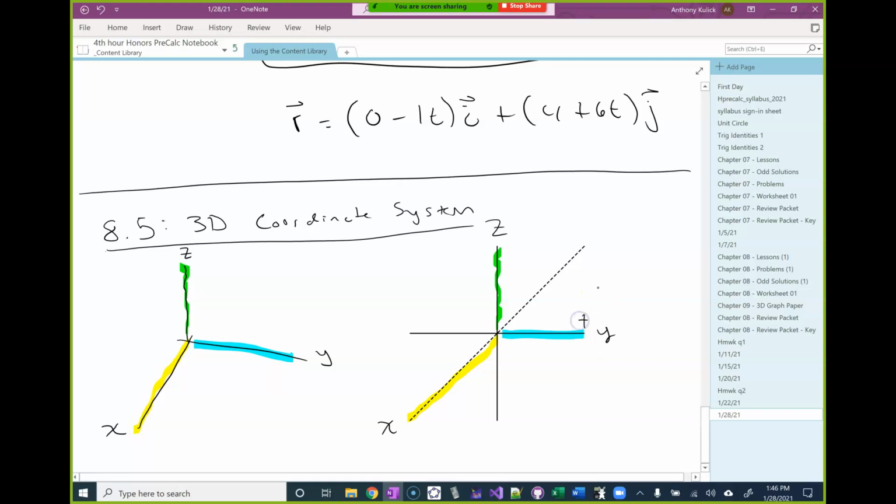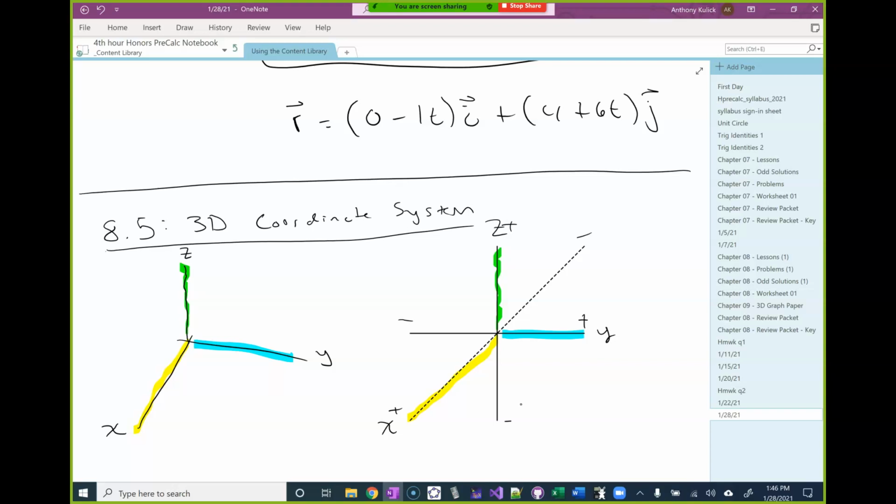This is the positive end of the y, so that's the negative end. This is the positive end of the x, so that's the negative end of the x. That's the positive end of the z, so that's the negative end of the z. Is everybody okay with that orientation? It's new, it's a little different, but if you tell me that's the way it is, that's the way it is.